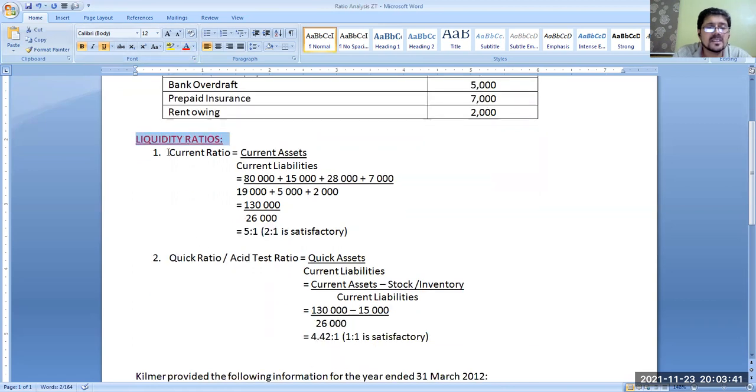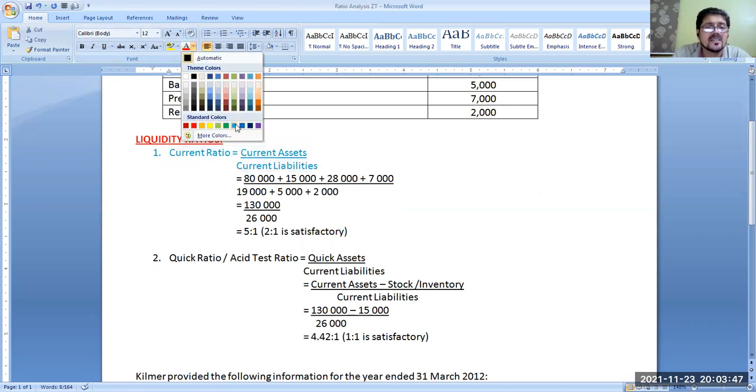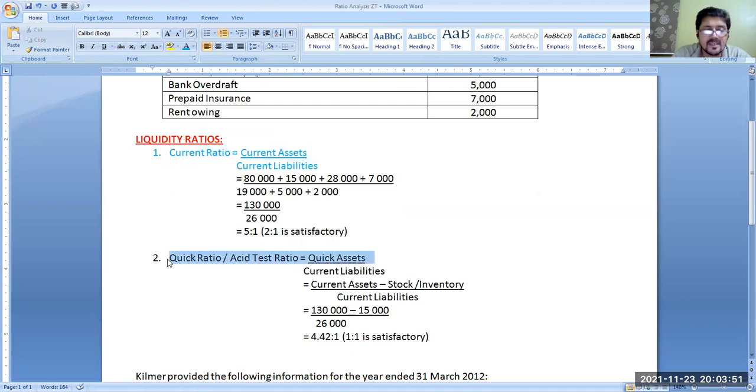This is the formula of current ratio, don't forget that, and this is the formula of quick ratio. Got it?